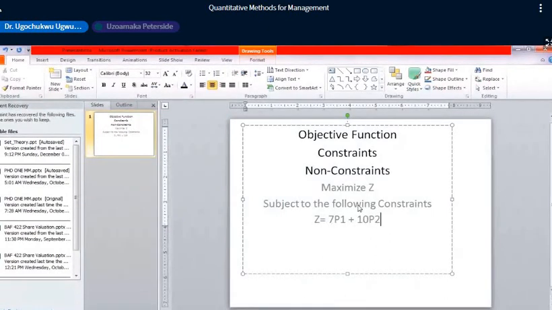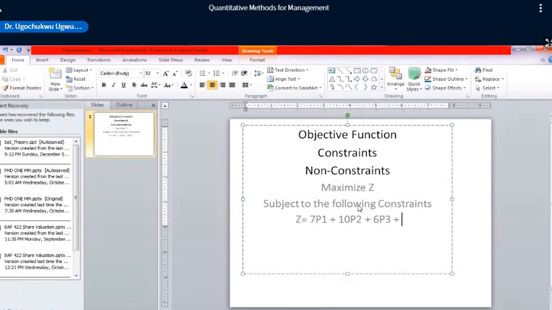And the maximum price you can sell P3 is 6, so P3 equals 6. Now, this becomes your objective function.